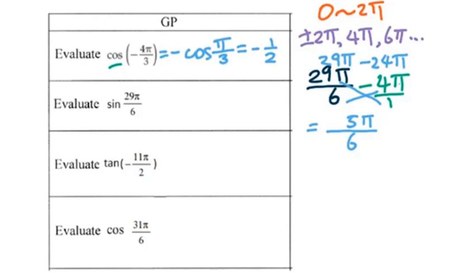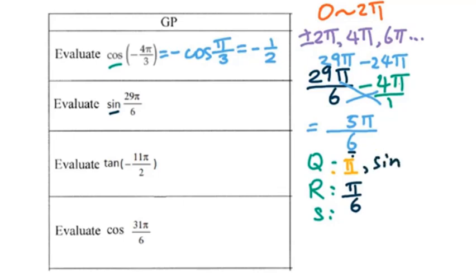5 pi over 6, so that we can go to QRS. Quadrant, still second quadrant. Reference angle, denominator is 6, that's why it's pi over 6. Let's go to all students take calculus. We are looking for sine.